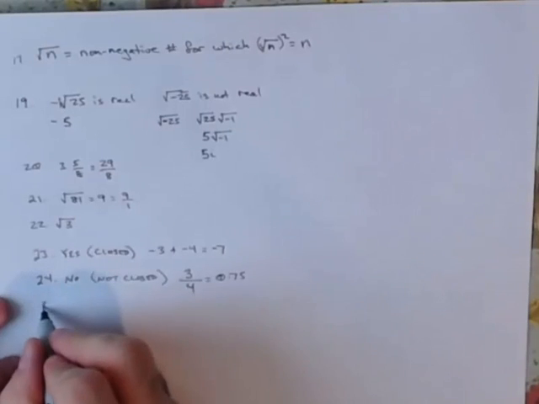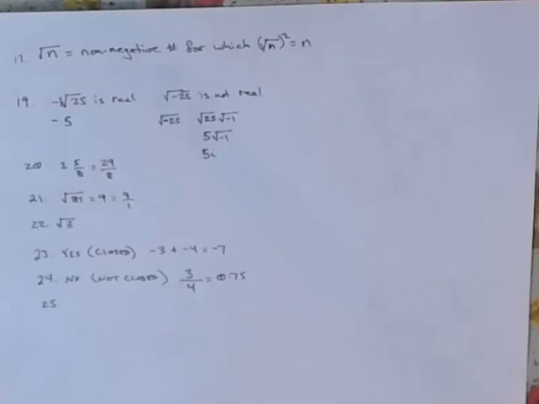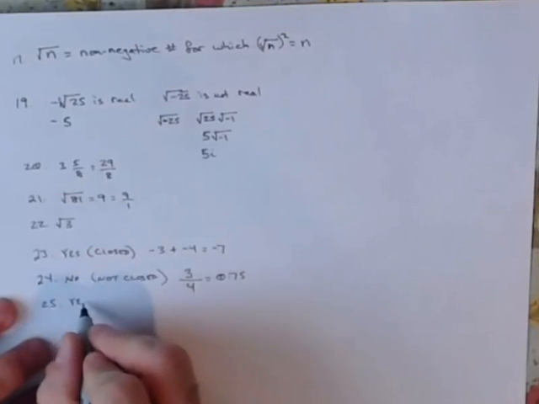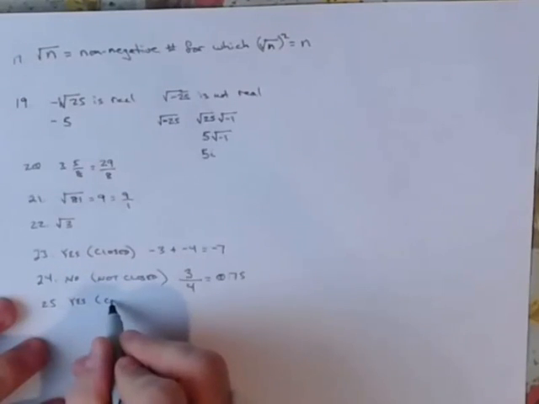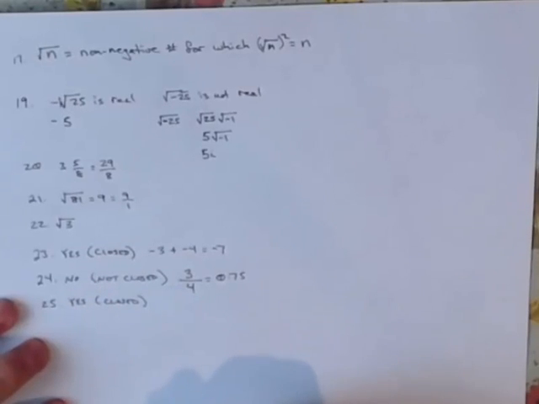Number 25. 25 asks, are positive numbers closed under division? The answer? Yes. It is closed. An example? Well, again, let's use 3/4.